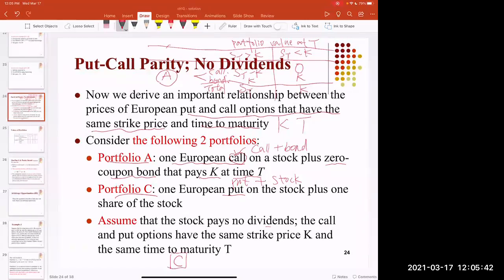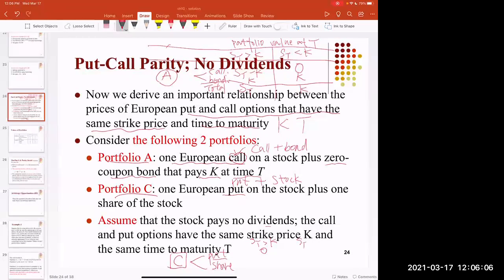Portfolio C includes a put and a share of the stock. So if the stock price is higher than K, will you exercise the put? No, because an investor with a put expects the stock price to go down. So in this case, you will not exercise the put option.